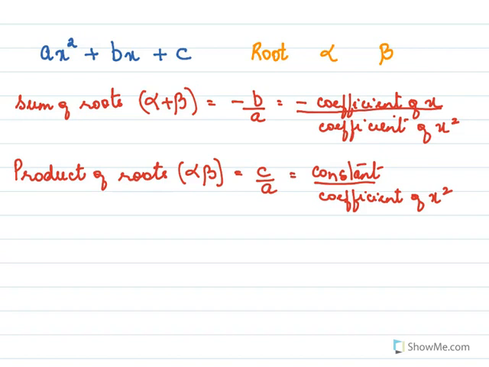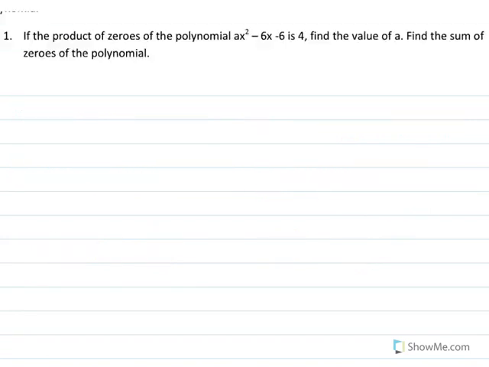So in all today's sums, we are going to use the formula alpha plus beta equal to minus b by a and alpha beta equal to c by a.